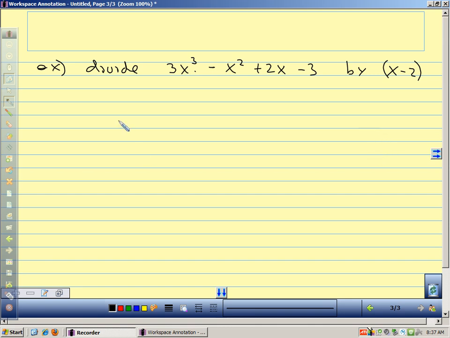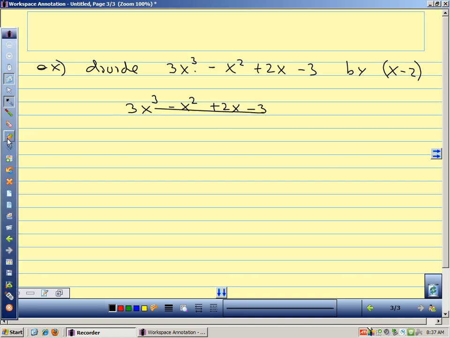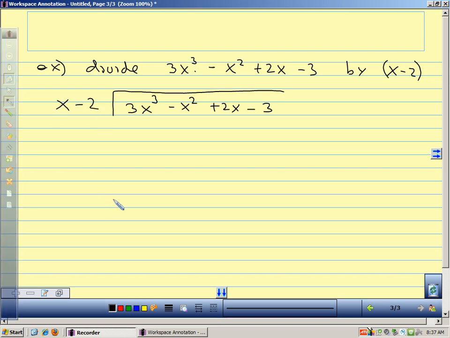And we're going to use long division, so let's write out our 3x to the third minus x squared plus 2x minus 3. Oops. And we put our divisor out front. All right, so let's start. What do we have to multiply x by to get 3x cubed? 3x squared. And I put that here, and then I multiply.